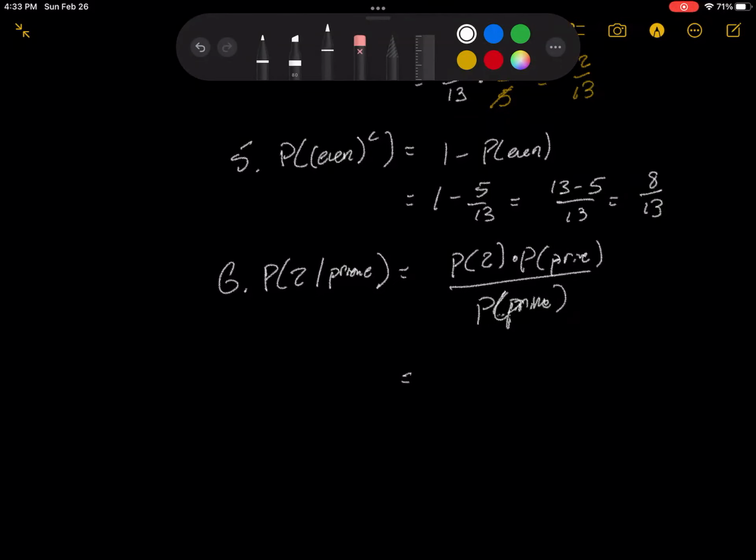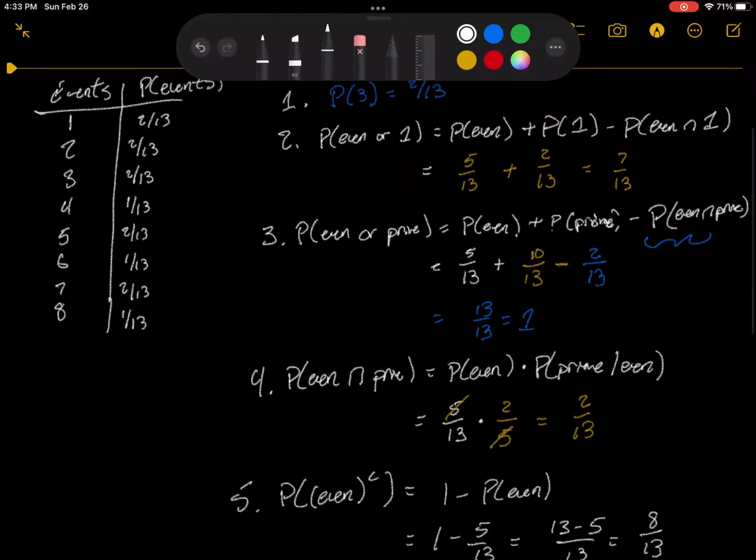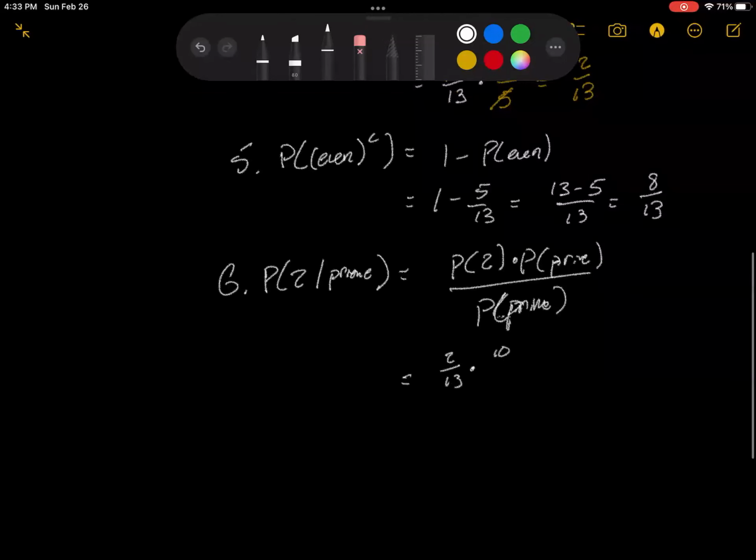So if we do this, the probability of a 2 was 2/13. The probability of a prime number, I think we've done that somewhere. 10/13. Oh, I copied that down wrong. This should be the probability of a 2 given that you're prime. Or the probability of 2 and prime. How much space does the 2 take up out of a prime?